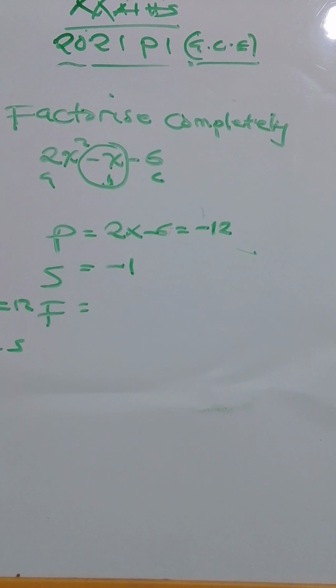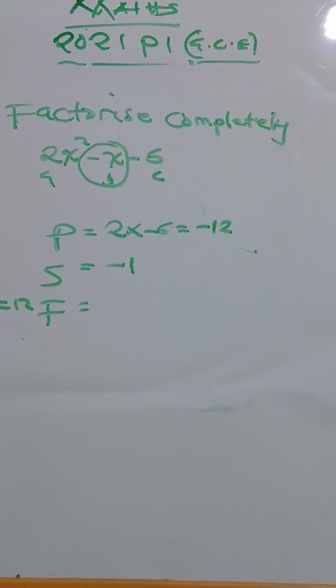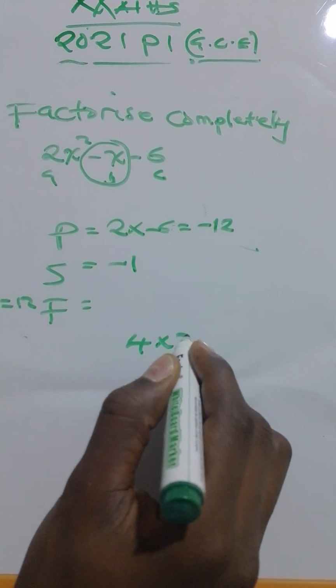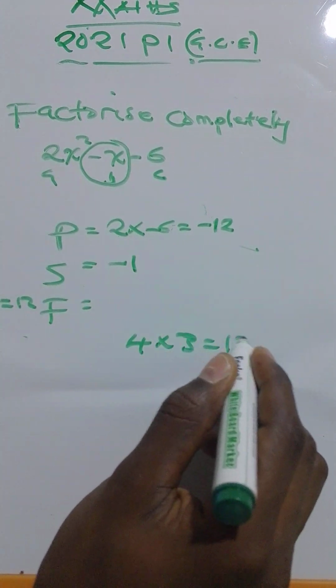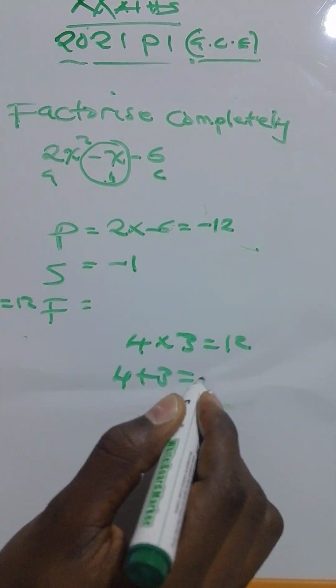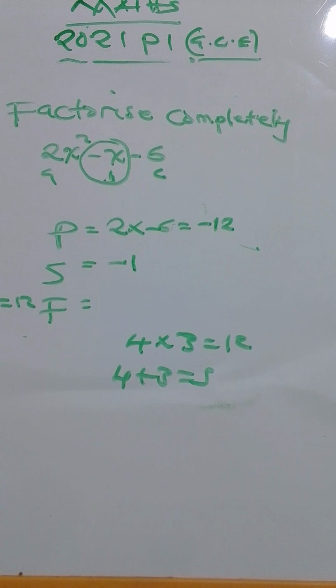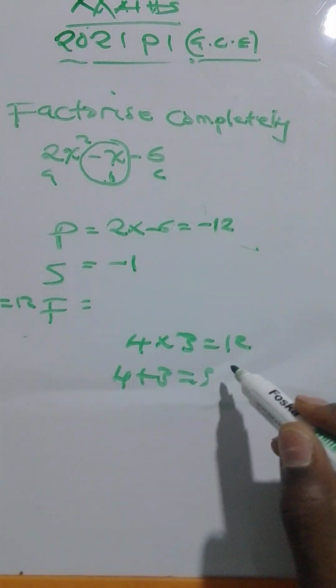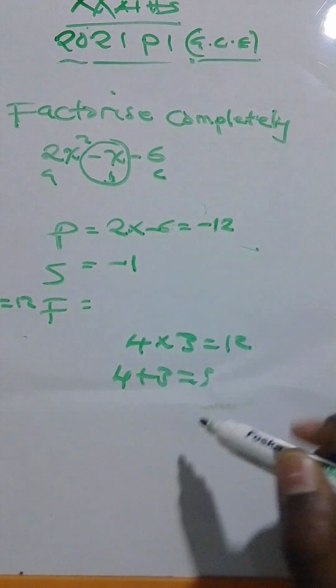So you need to find a way to make sure that these numbers can suit or can match our values. So I'll say 4 times 3, you're getting 12. If you say 4 plus 3, you're getting 7. But now we need to find the way to make sure that these numbers suit our two values. Therefore, let's try.